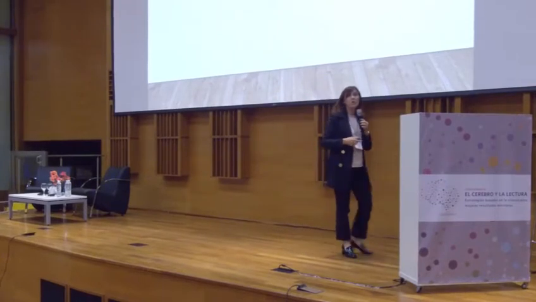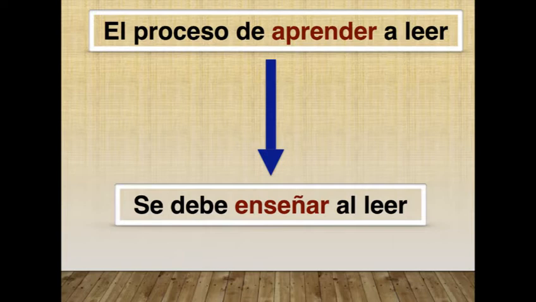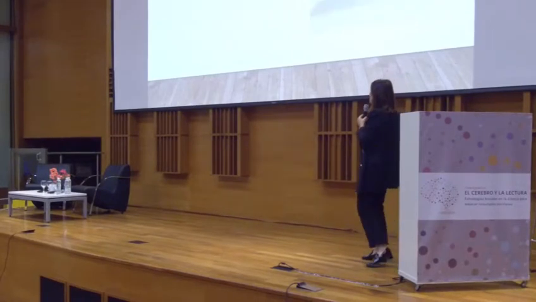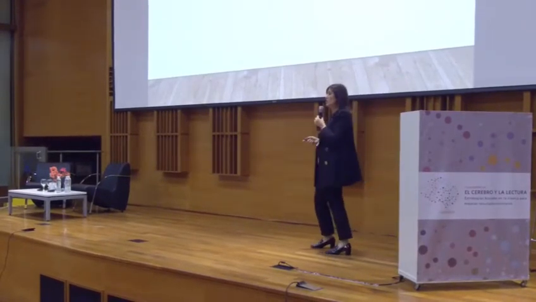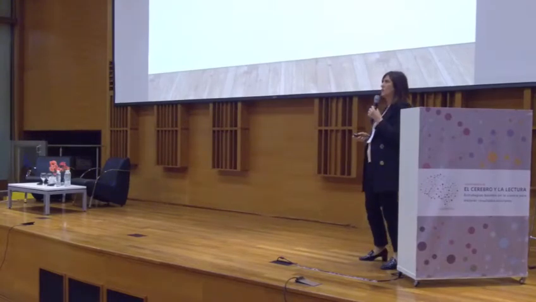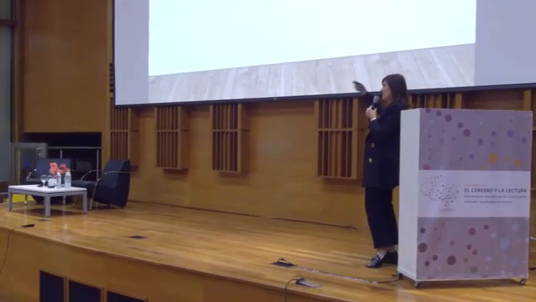I will come back to something that Phyllis said. In order to learn how to read, I need somebody to teach me how to read. I need a teacher. I need explicit instruction. And I need this to be done in a systematic way, with practice in the classroom with a teacher who corrects and shapes what I do.